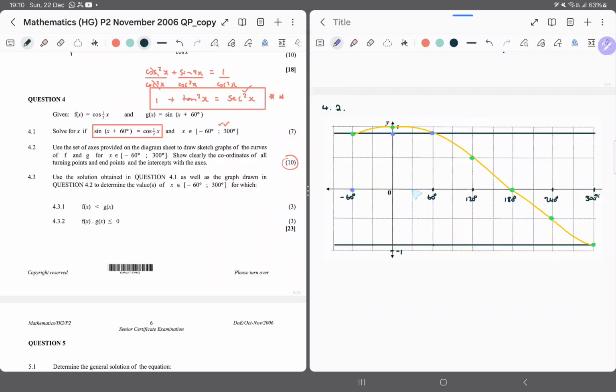Now we look at this and let's see what is going to be this one. 30. Now 30 plus 60, that's 90. Sine of 90 is 1, so it comes up there. Okay.